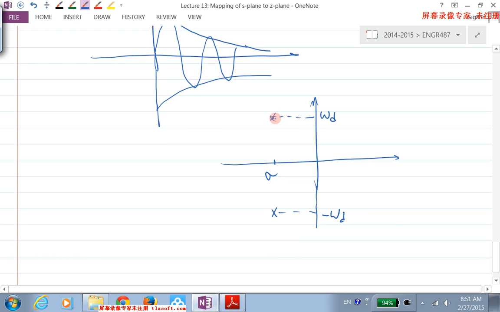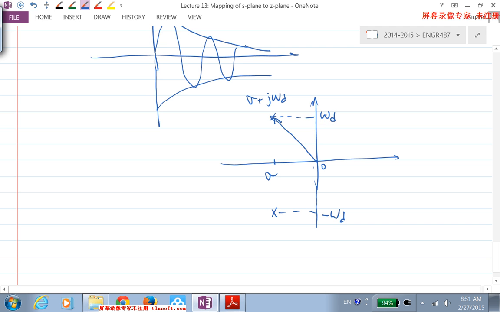As you learned in your continuous system, here's the pole sigma plus j omega d. What is the magnitude from here to here? How do you calculate the magnitude of the complex number? It's the square root of sigma squared plus omega d squared.